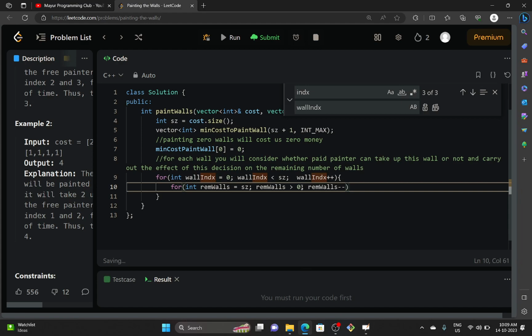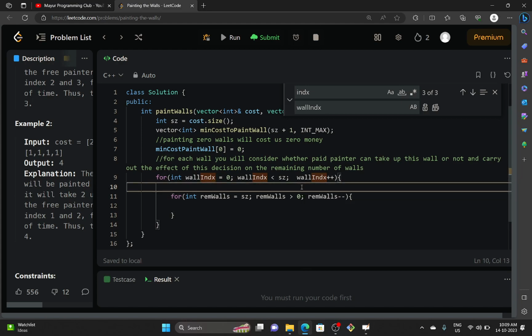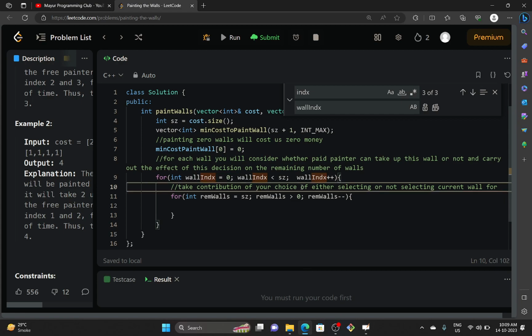Okay, and you will take the contributions to remaining walls, take contributions of your choice of either selecting or not selecting the current wall for the paid painter.